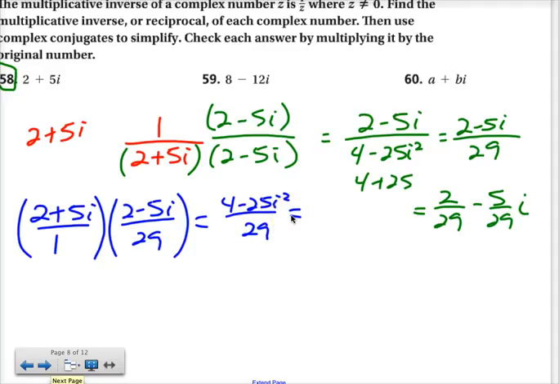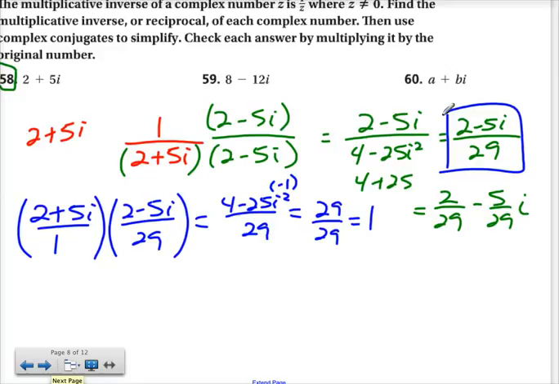And then, of course, i squared is negative 1, so it'll be 4 plus 25, which is 29 over 29. And that shows that what we got was the multiplicative inverse, because that's what multiplicative inverses are for. When you multiply them times a number, if they are the correct multiplicative inverse, you're going to get a 1.